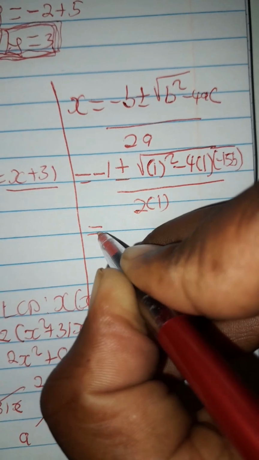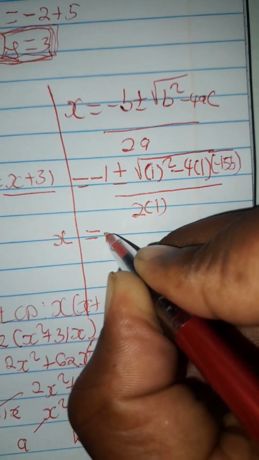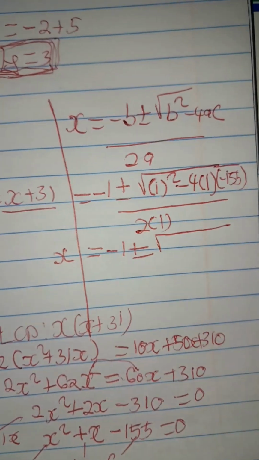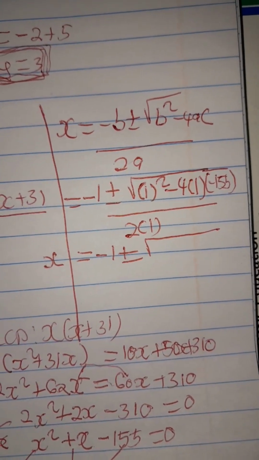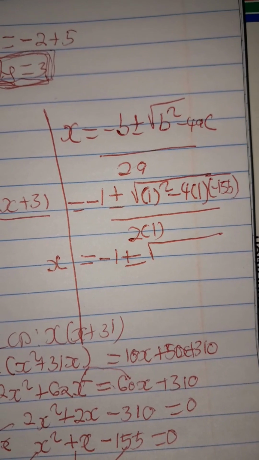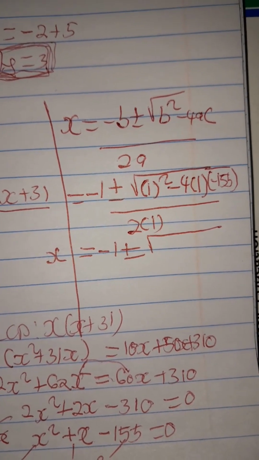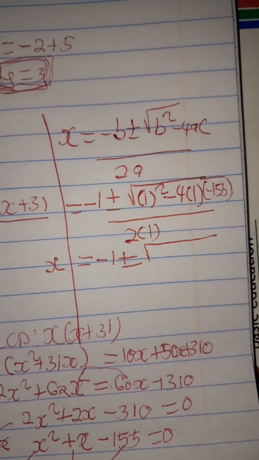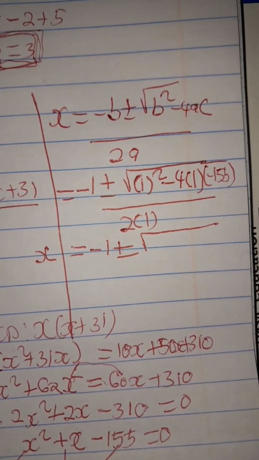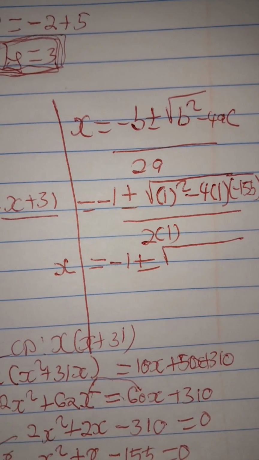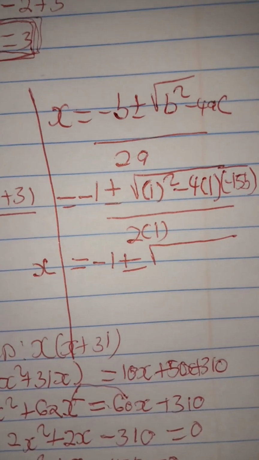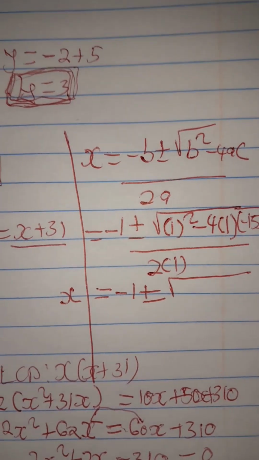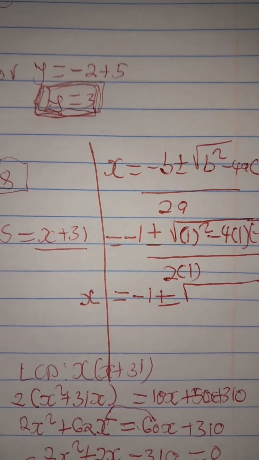Then let's work it out. Remember, looking for x, so this is negative 1 plus or minus. Then let's work out what is inside the root. 1 squared minus 4 times 1 times negative 155. Then we get 621. Let's confirm that.